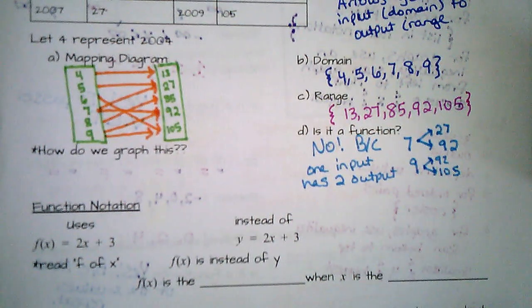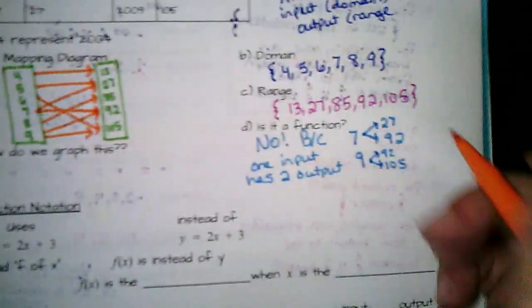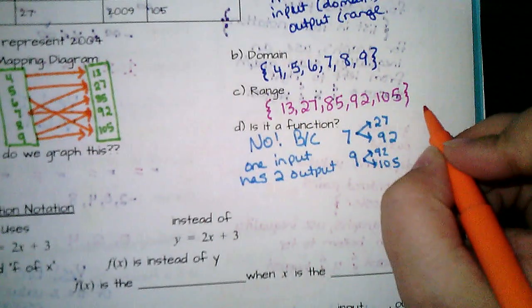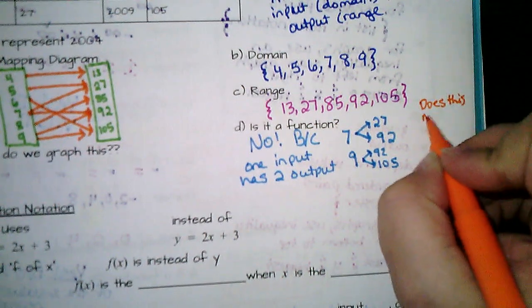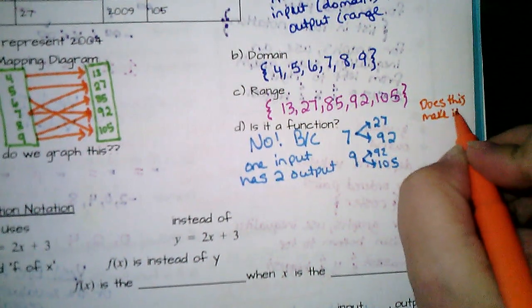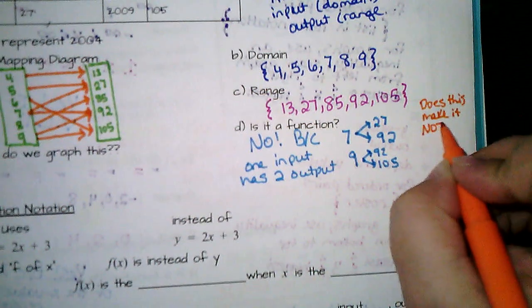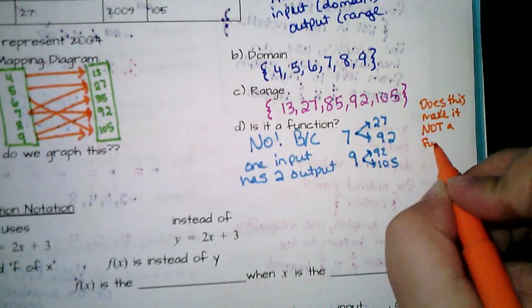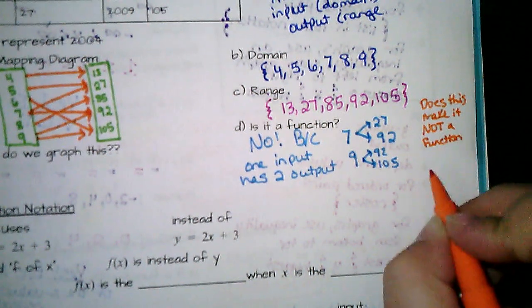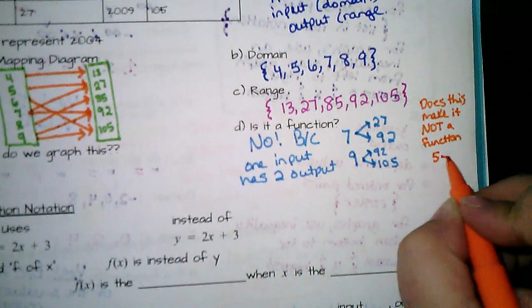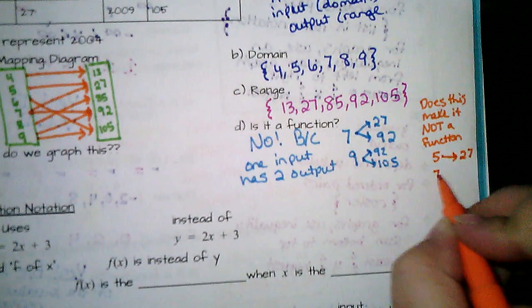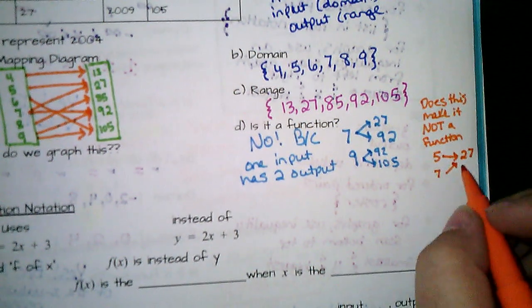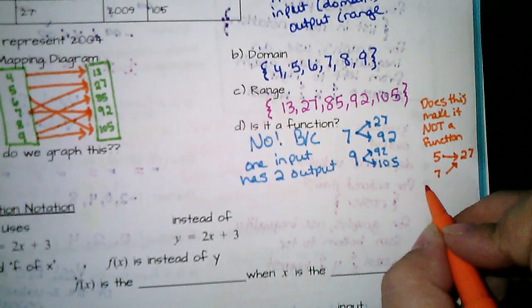Okay. So let me just write that down. So does this make it not a function? So if I had 5 that went to, I don't know, 27, and I also had a 7 that went to 27, that's fine.